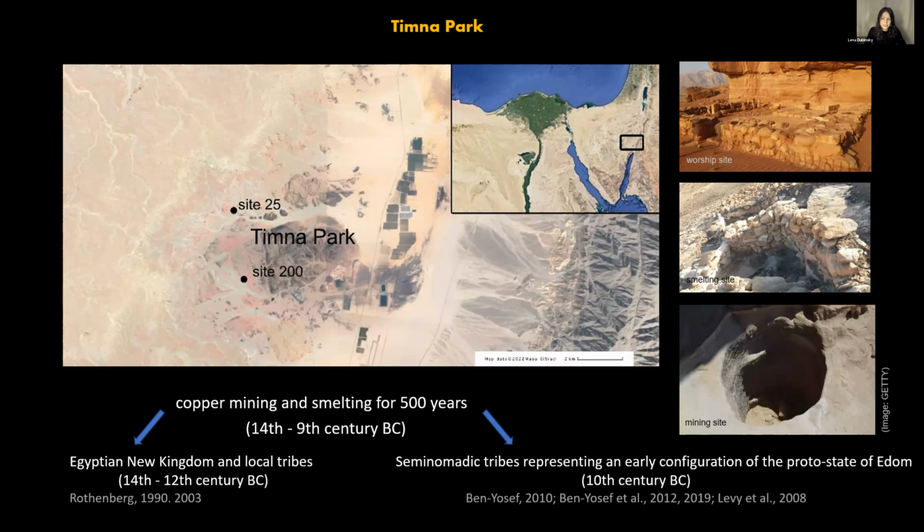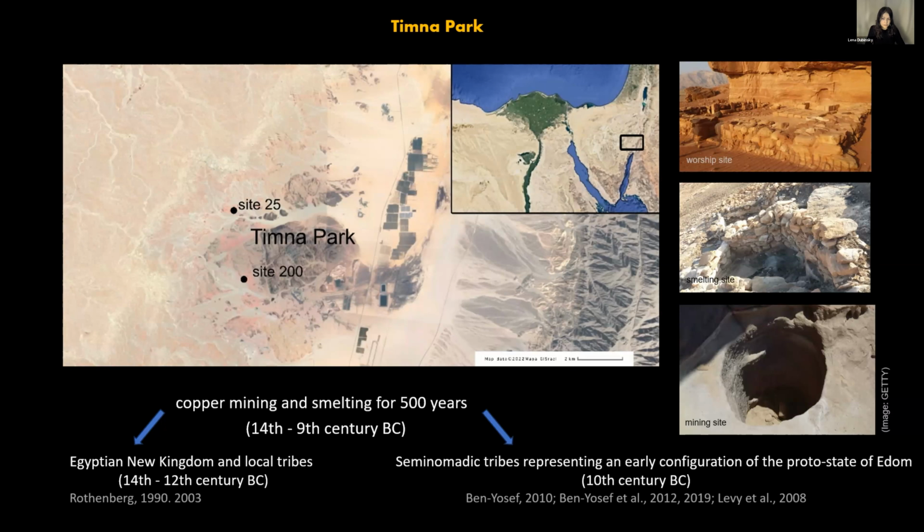According to Beno Rothenberg, the Egyptian New Kingdom, who used the local tribes as a labor force. And recently, it was shown by Erez Ben-Yosef that only the early stages of copper production were managed under the control of the Egyptian New Kingdom. The peak was actually during the period when it was controlled by semi-nomadic tribes and groups such as the proto-state of Edom.